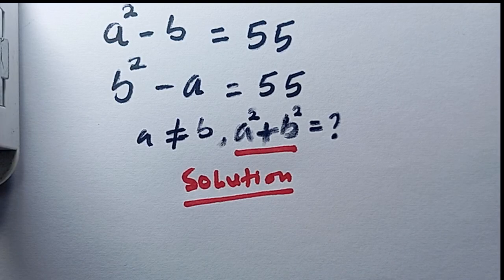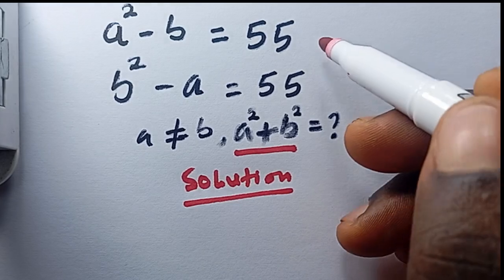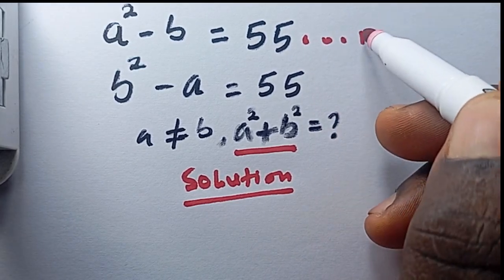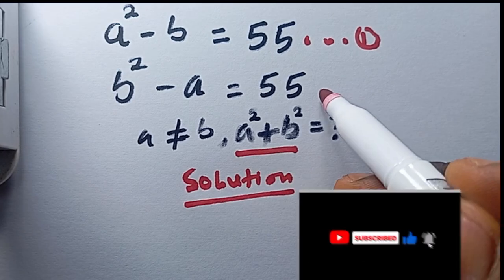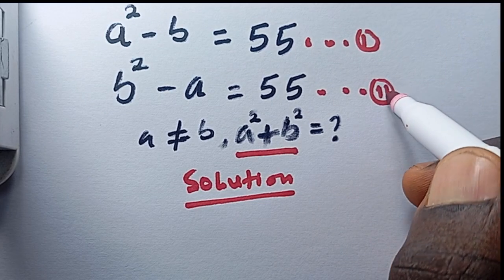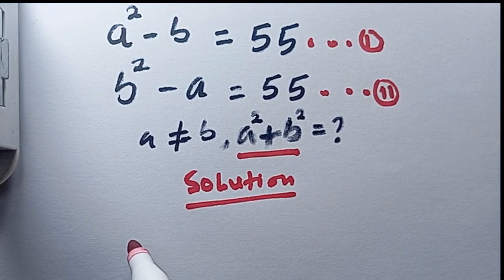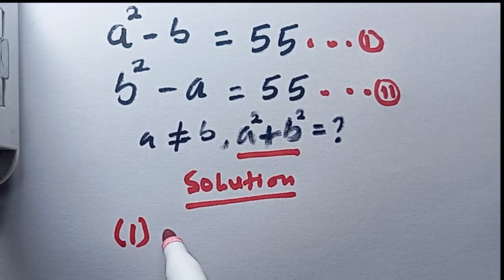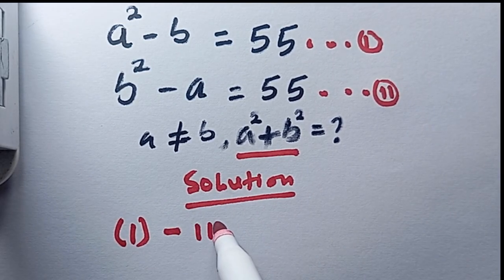And so the first step will be for you to subtract. Let's just call this equation 1, and then we can call this equation 2. So what I'm going to do is just to subtract equation 2 from equation 1. So we do equation 1 minus equation 2.